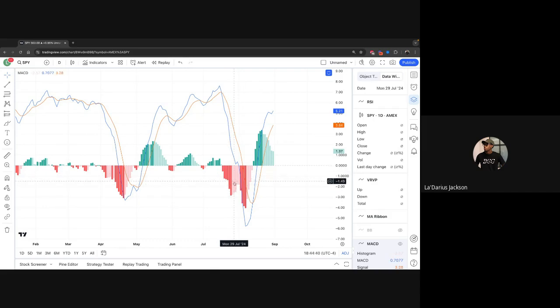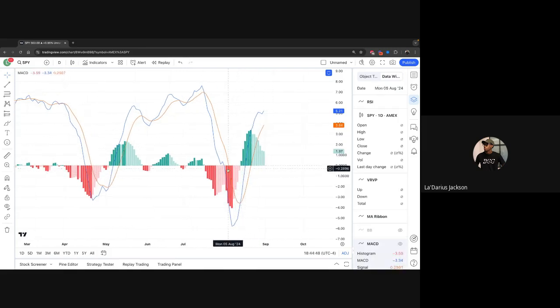But then when you see that powder, I guess, pink color, then that means it's getting weaker and weaker before it flips to the other side. Like we zoom in here, you can see that on the histogram, it was pink bars getting shorter, and then it flips green with some intensity, and then now it's fading green, right?